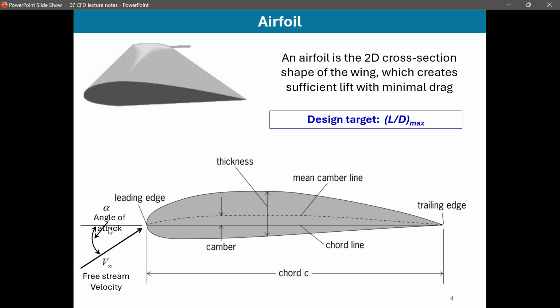But one thing we have to learn from this slide is this angle of attack. So again, angle of attack is the angle between the chord line, this line that connects your leading edge to the trailing edge, and the direction of flight. Right? This is one thing that you want to learn from this slide.